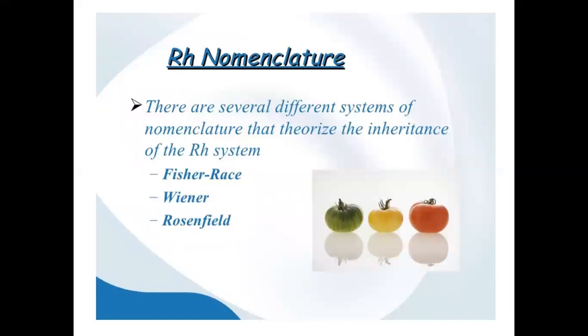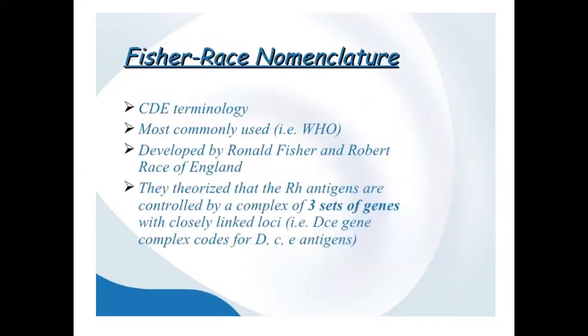For Rh nomenclature, there are several different systems of naming that theorize the inheritance of the Rh system. These are Fisher-Race, Wiener, and Rosenfield, the 3 most common. The Fisher-Race nomenclature, or CDE terminology, is the most commonly used of the 3 by the WHO.